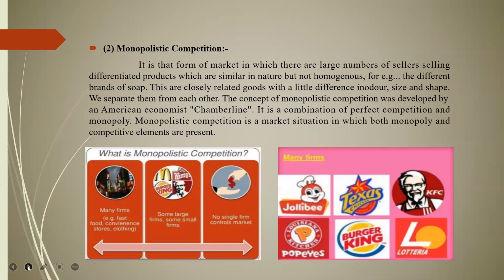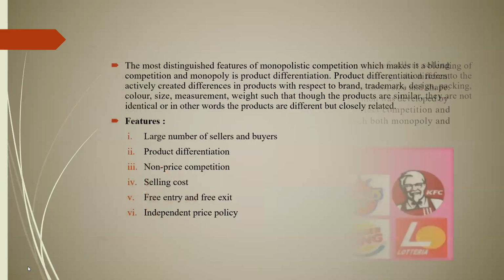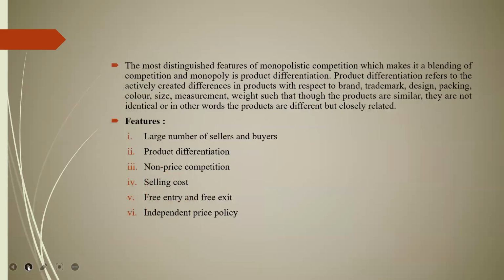These are some examples of monopolistic competition: Jollibee, Texas, KFC, and Popeyes. These are common in chicken, but different brands. Coming to features: large number of sellers and buyers, product differentiation, non-price competition, selling cost, free entry and free exit, independent price policy.